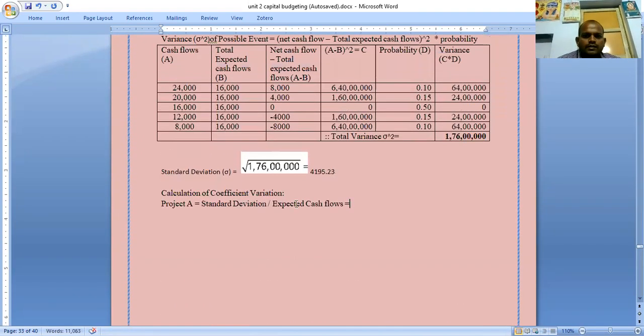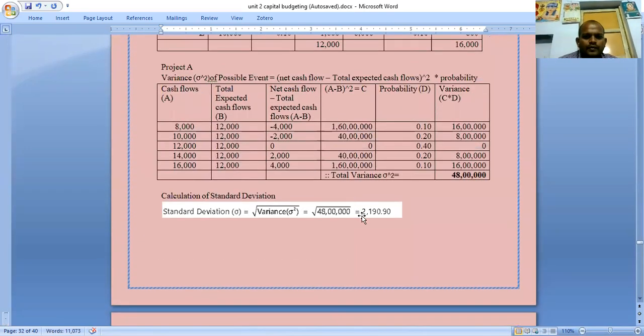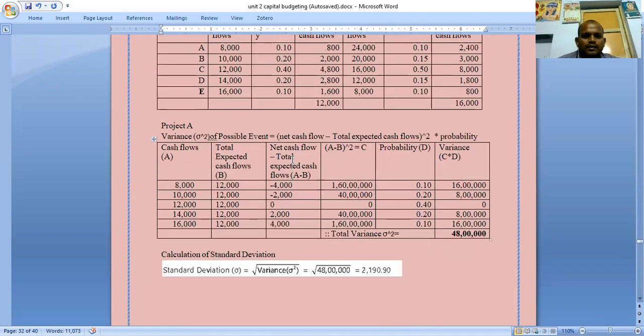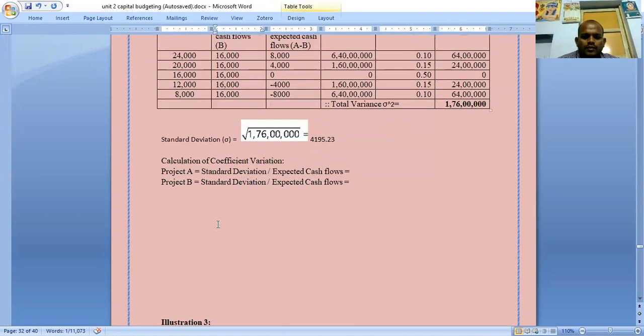So standard deviation, let us calculate project B as well. For project A, standard deviation is 2190.90 by expected cash flows 12,000.